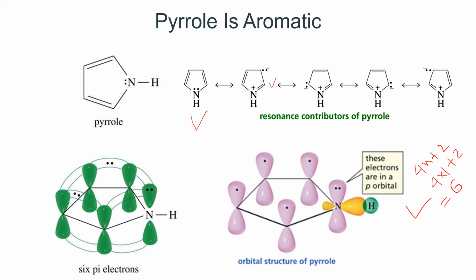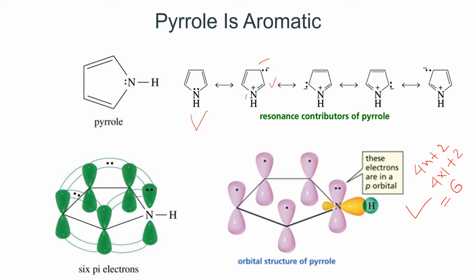When nitrogen tries to share its lone pair with the adjacent carbon, the pi electrons of the pi bond will shift to this carbon, and this carbon will become negative and this carbon will become positive. After that nitrogen can easily share its lone pair with this carbon and form a bond, and the charge of nitrogen will be positive because it shares 2 electrons with the adjacent carbon.